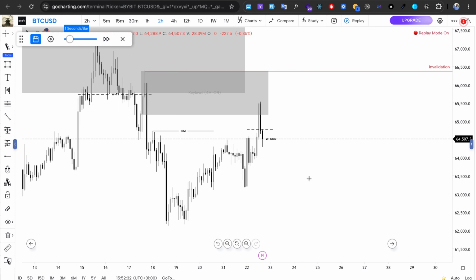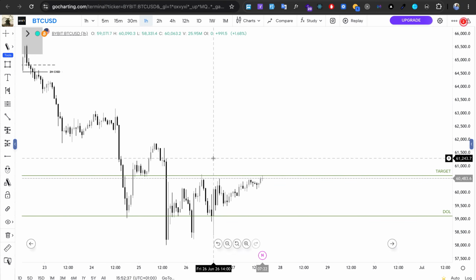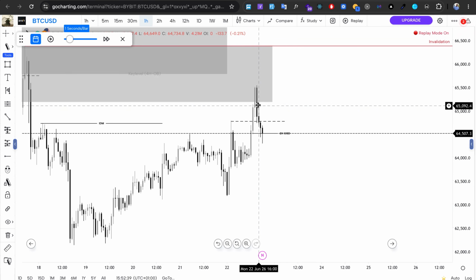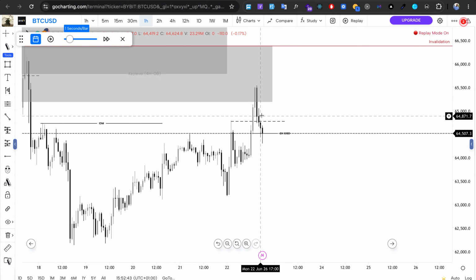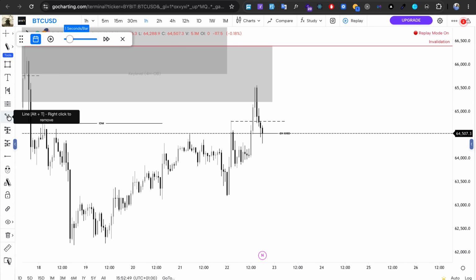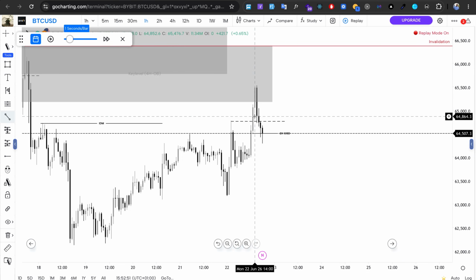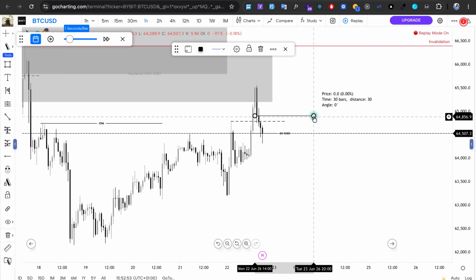Right? So for the CISD, I can go to 1 hour to confirm also. Okay, you see there's a CISD that has even happened on the 1 hour also. If I went lower, I would have entered on this another CISD here on the 1 hour. This is a 1 hour CISD.